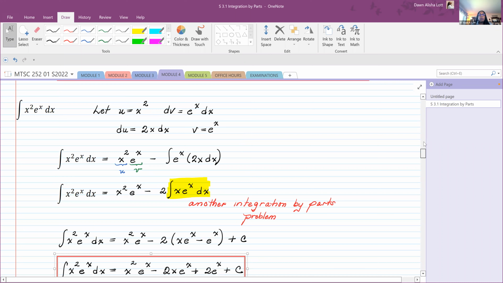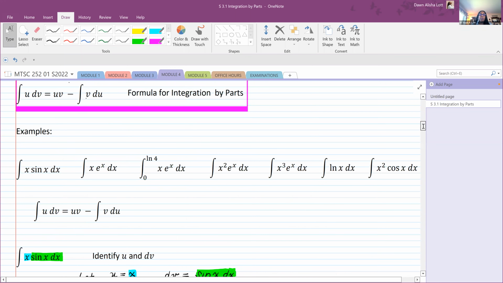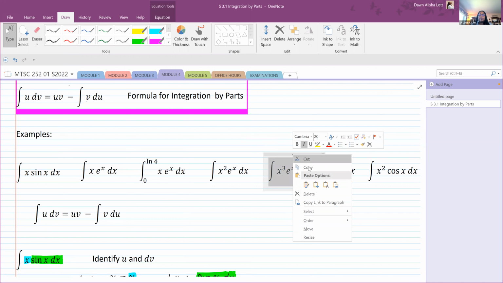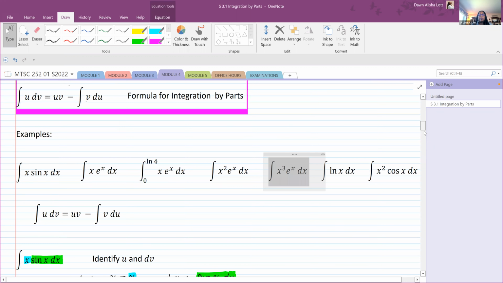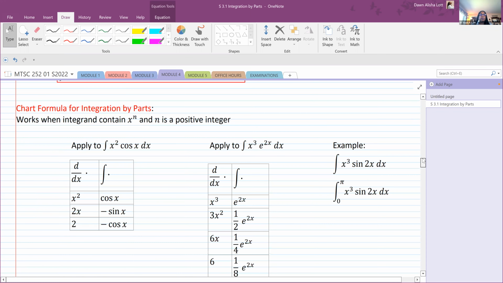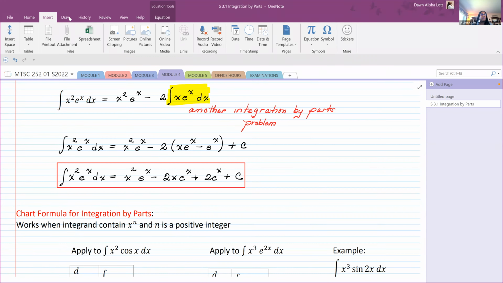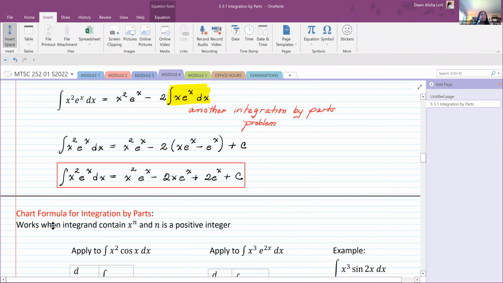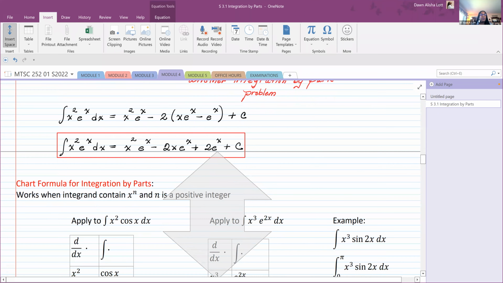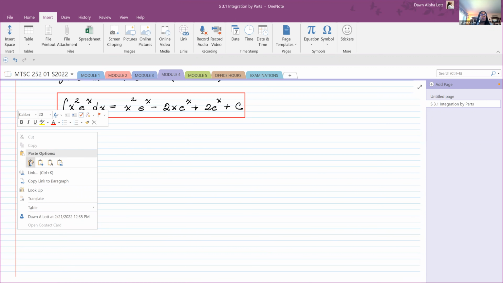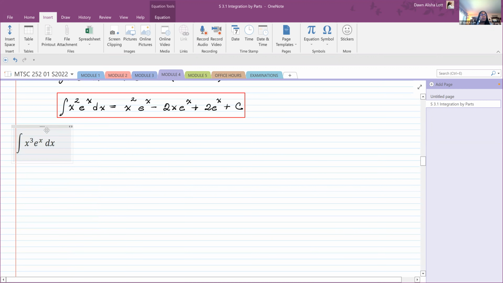My next one is, oh boy, x cubed e to the x. What do you think's going to happen when I do x cubed e to the x? Anybody have an idea?